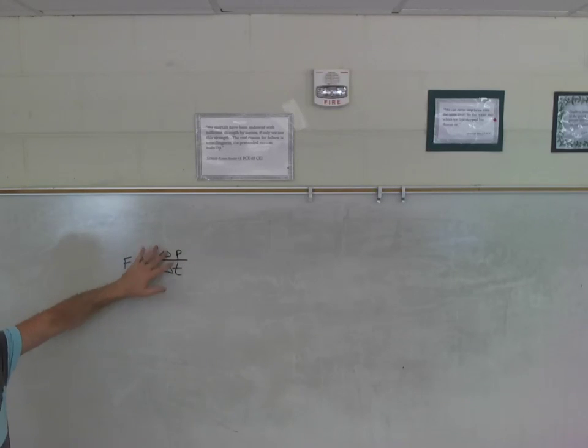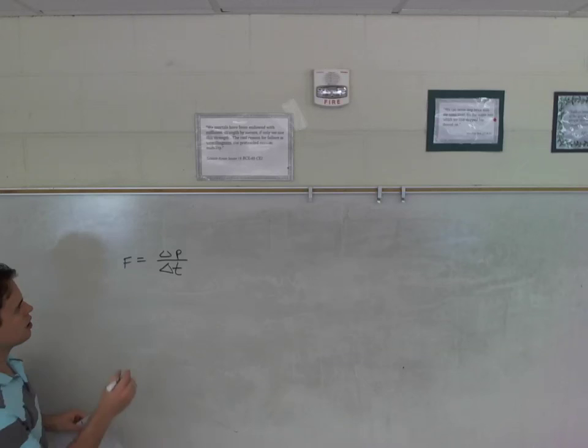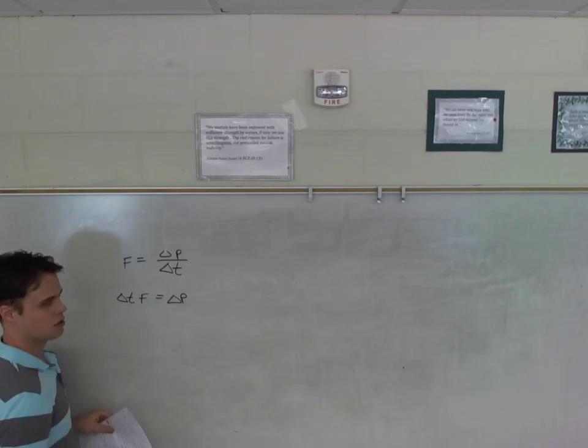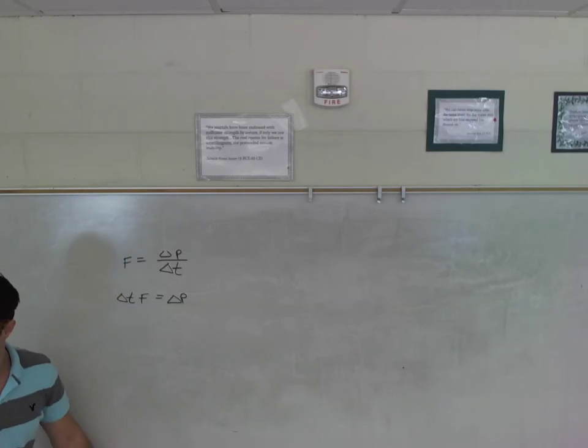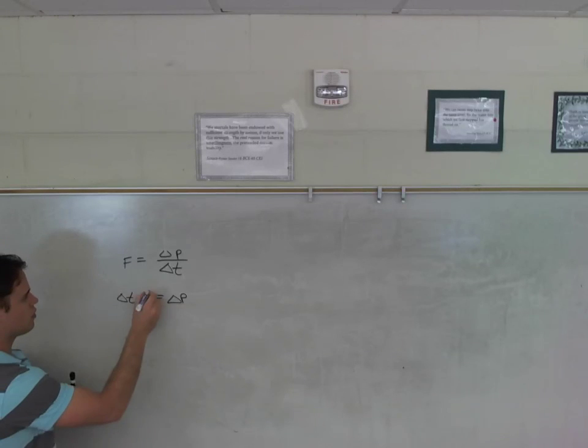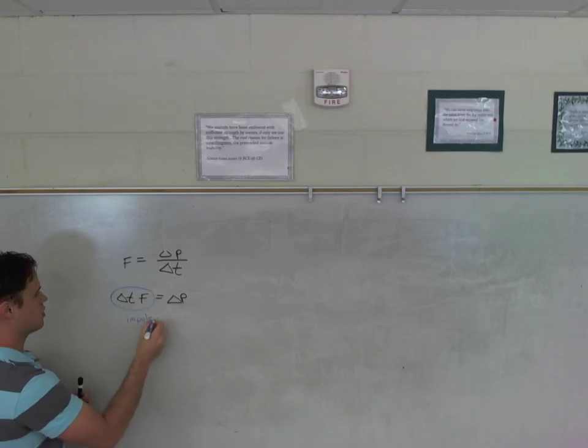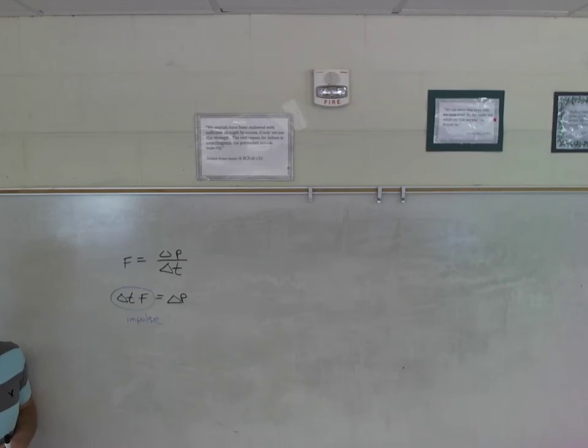Another way to think about some problems is to rearrange that and just multiply the delta t up to this side. If you do that, question? If you do that, this thing right here is also known as an impulse. So what an impulse is, it's just a force over a time interval. It's the same thing as the change in momentum over that time interval.